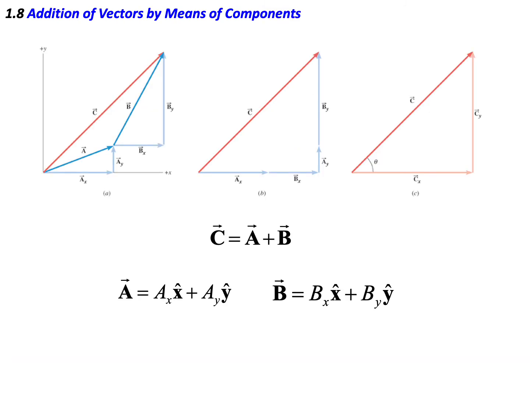Okay, here's a more advanced example. Let's consider two vectors, vector A and vector B. Both are in some arbitrary direction with respect to the horizontal axis.